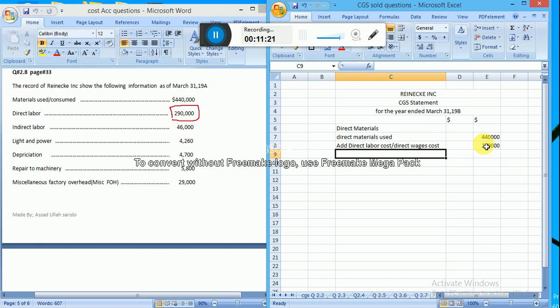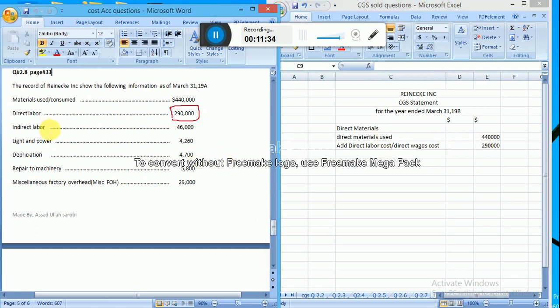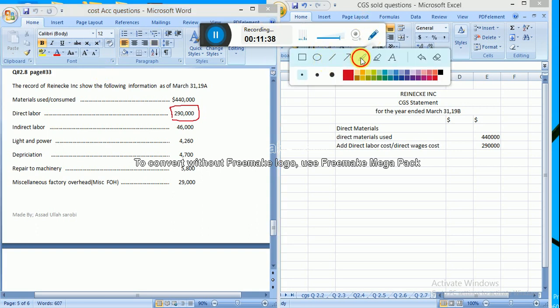Look at this, there are some new terminologies given in the question, like indirect labor, light and power, depreciation, repair and maintenance to machinery, and miscellaneous factory overhead.